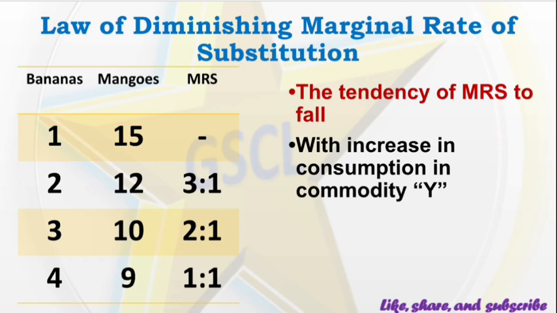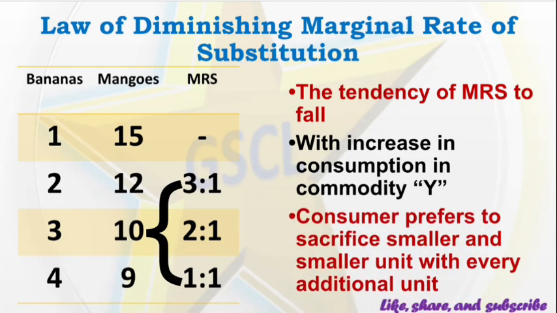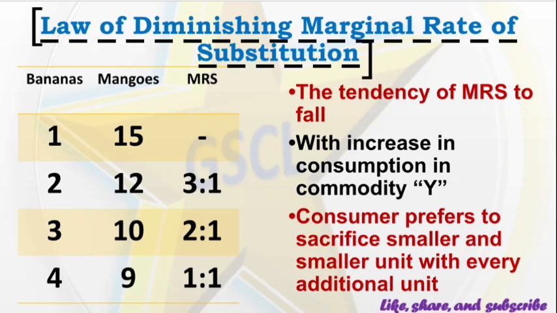First, the consumer gave up 3 mangoes, next 2 mangoes, and next only 1 mango. This tendency in terms of marginal rate of substitution is termed as the law of diminishing marginal rate of substitution.